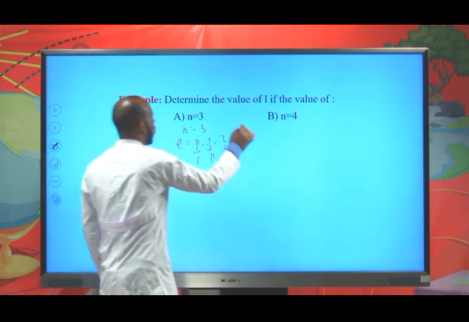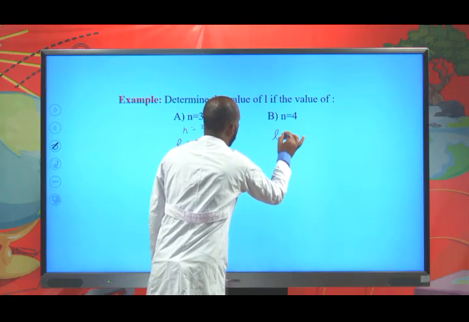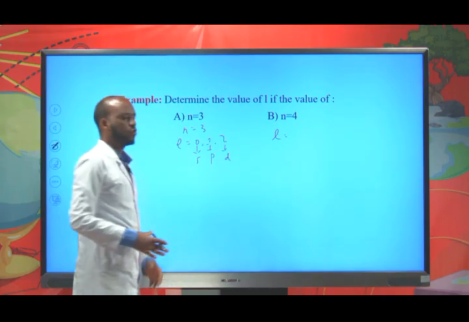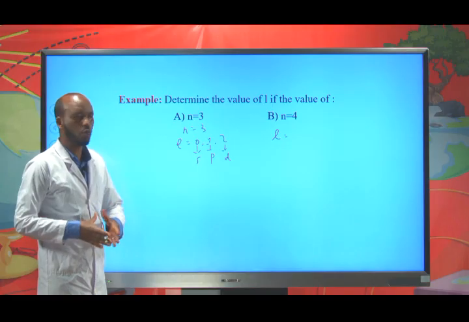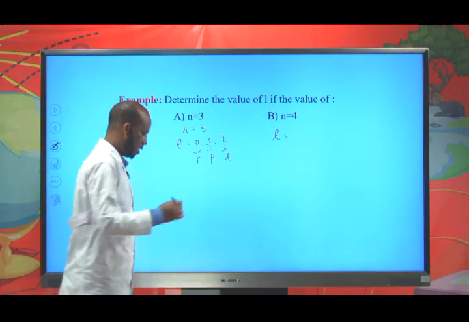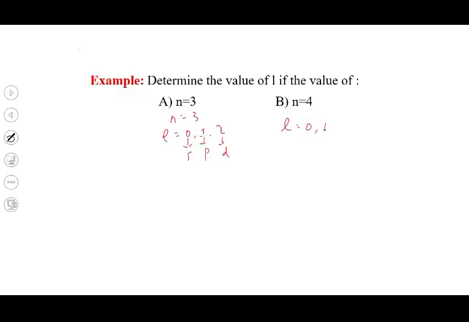If n is equal to 4, the possible values of L are from 0 to n minus 1, 0 to 3: 0, 1, 2, 3. This is s subshell, p subshell, d subshell, f subshell. SPDF.